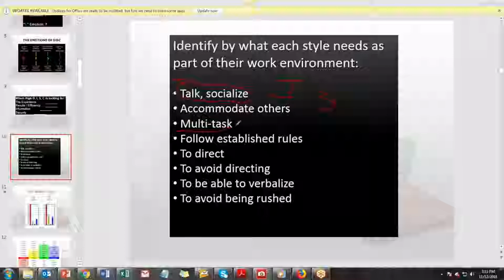This one could be more than one answer, but who do you think is going to be a stronger multitasker? I would say an I or a C. I can give you credit for an I, but this could be a combination of colors as well.